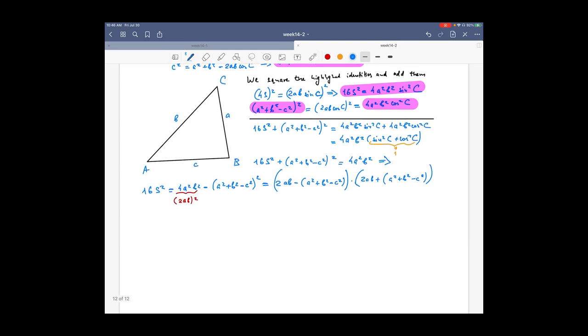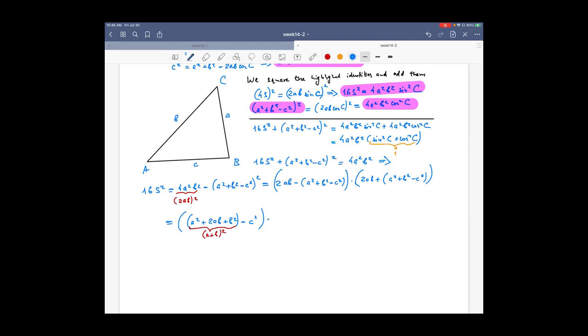Now, a little bit of regrouping. Let's first work with this factor. I want to write this as a squared plus 2ab plus b squared minus c squared. The point is, of course, to use that this is a plus b squared.